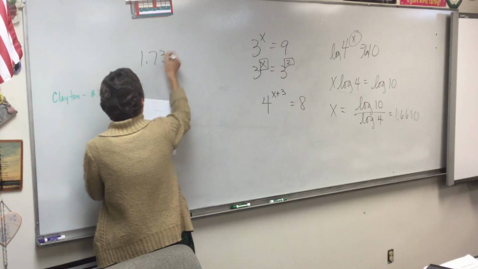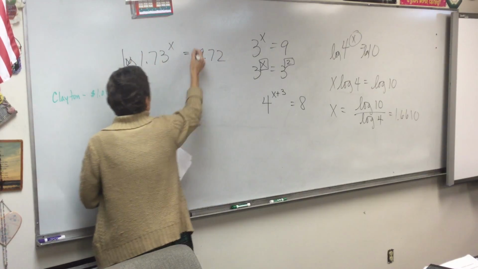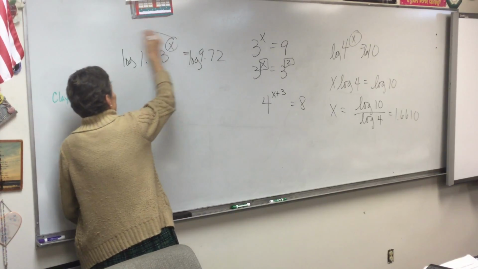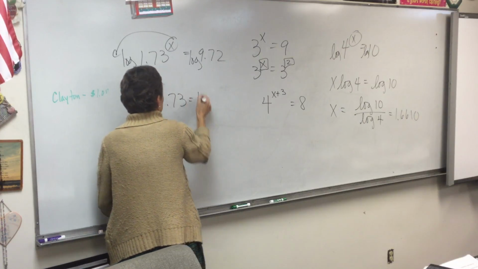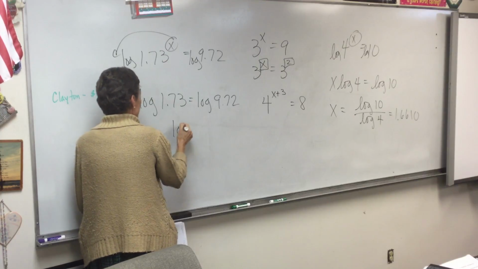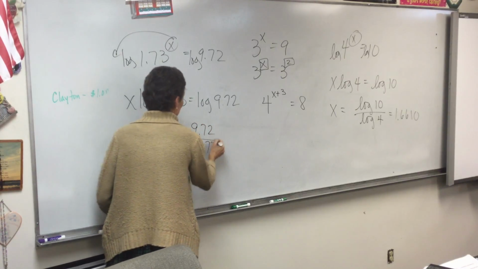So we're going to take the logarithm of both sides. And then the magic is this guy comes out in front. And we're going to divide. So we have the log of 9.72 divided by the log of 1.73.